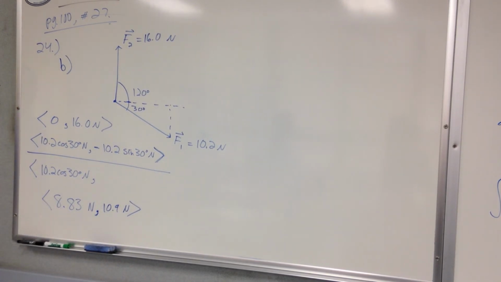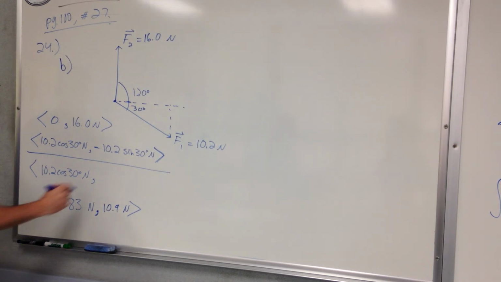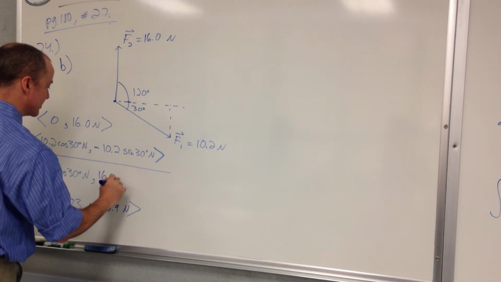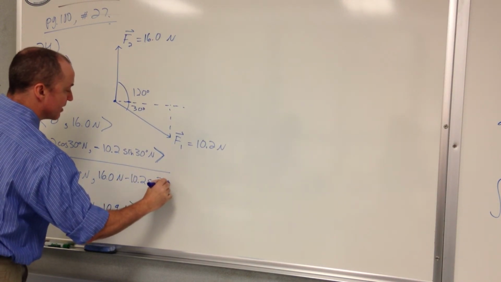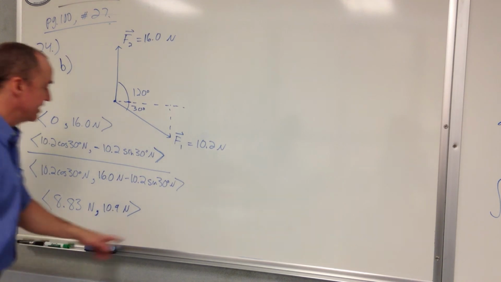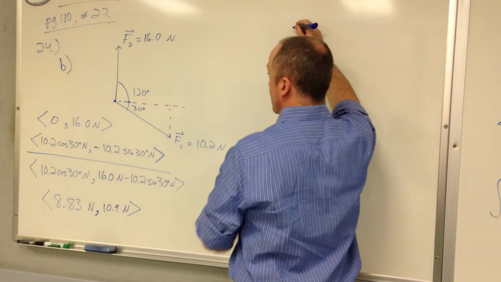Any questions on how we got the vector that describes what this thing's actually doing? Let me show that step. And now, I'll go up here.